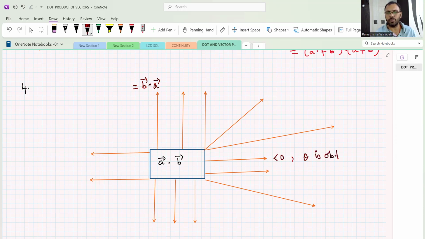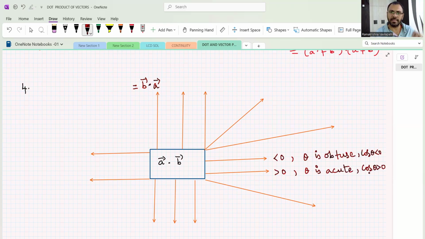So if the angle between two vectors is obtuse, the dot product of vectors is negative, as cos theta is negative. All right. Here cos theta is negative. And it is positive if theta is an acute angle, if theta is an acute angle between 0 and 90 degrees. So here cos theta is positive.